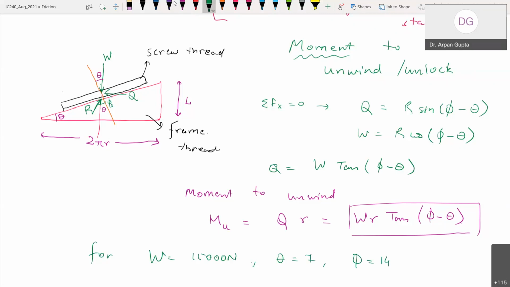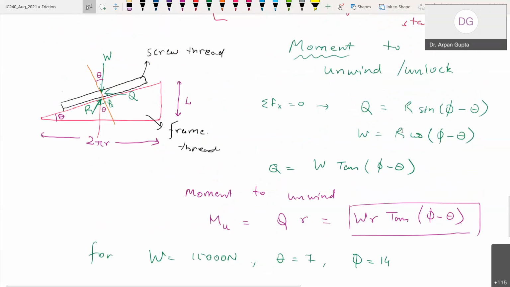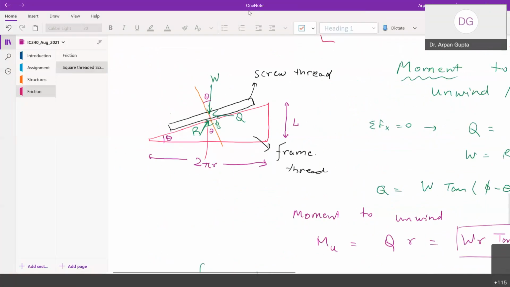Using the same parameters, this P will turn out to be around 44 newtons. So, which is a lesser load, but it is a load that we need to apply to open the screw jack. Okay, so I think that's all for today. Let me stop the discussion.